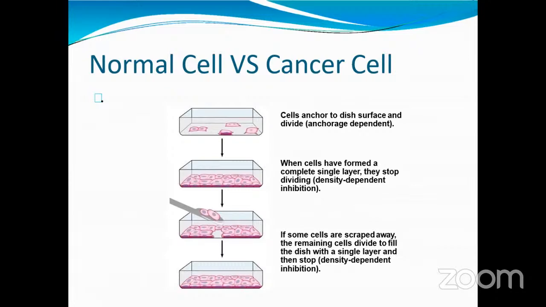When it comes to normal cells versus cancer cells, the cells anchor to the dish surface and divide. That is anchorage dependent. When cells have formed a complete single layer, they stop dividing. This is called contact inhibition or density dependent inhibition. If we remove some cells by subculturing or scraping, you get some space and the remaining cells divide to fill the dish with a single layer and then stop.